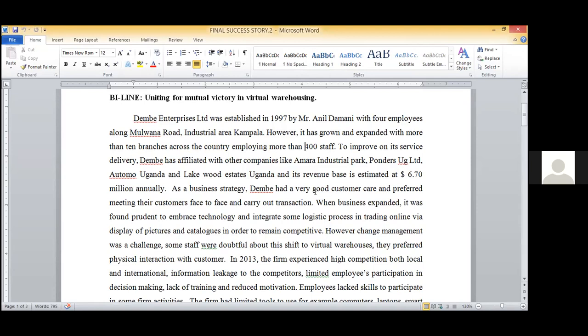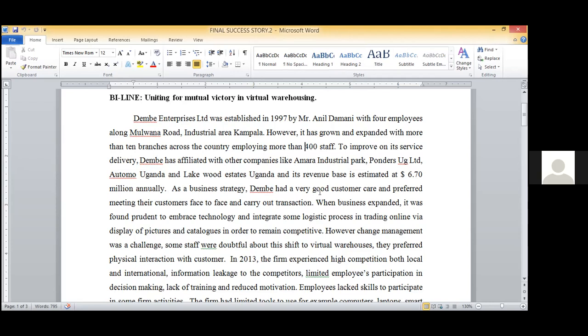However, it has grown and expanded with more than 10 branches across the country, employing more than 400 staff. To improve on its service delivery, Dembe has affiliated with other companies like Amara Industrial Park, Ponders Limited, Utomo, Uganda, and Lakewood Estates, Uganda.